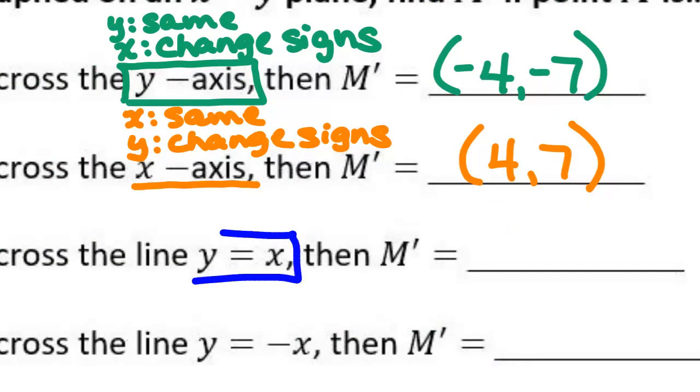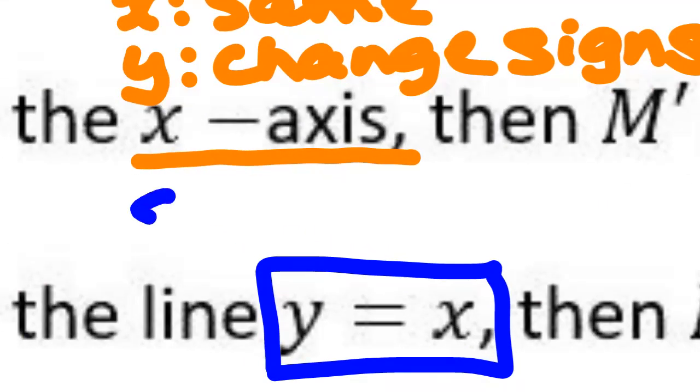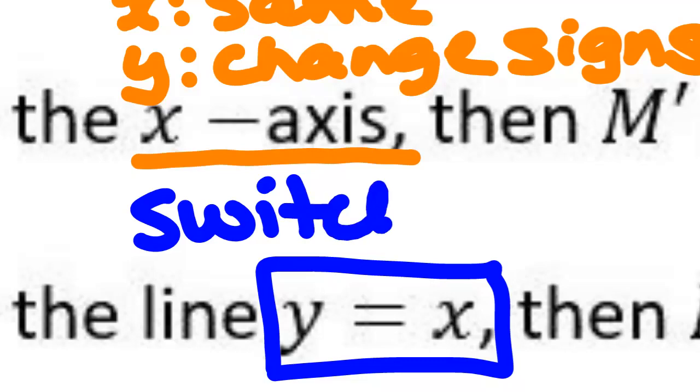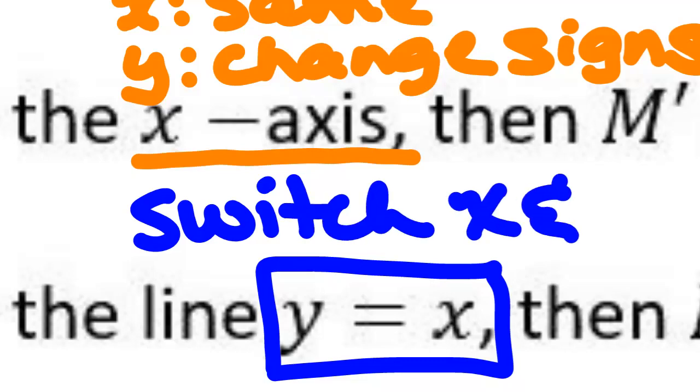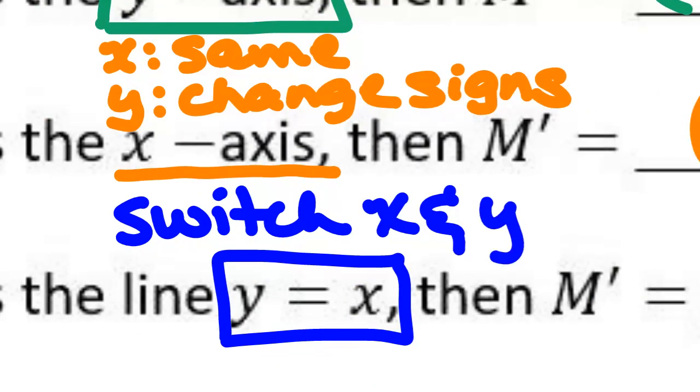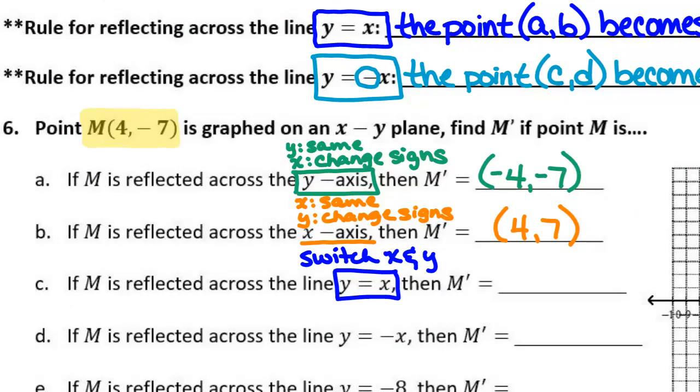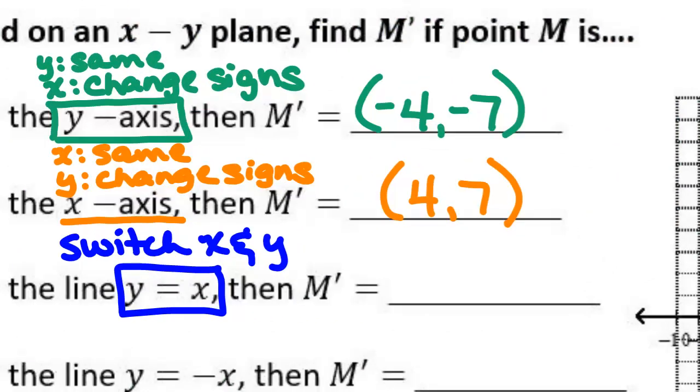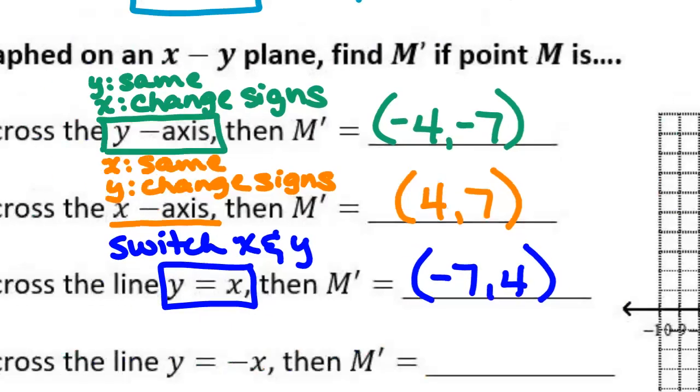Reflecting across y equals x, this is what we just talked about at the top of this page. We said the point (a, b) becomes (b, a), so we're going to switch x and y. So instead of 4, negative 7, what would I get if I switch those around? Negative 7, 4 is absolutely correct.